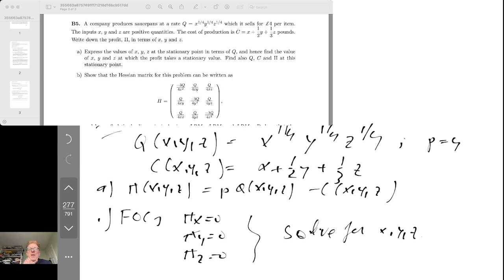And in the question, just like in the notes, you first express x, y, z in terms of q, and then you can substitute that back in here to find q star, the value of q at stationarity. Then, given that you've expressed x, y, z in terms of q, you can use q to find x star, y star, and z star at the critical point.